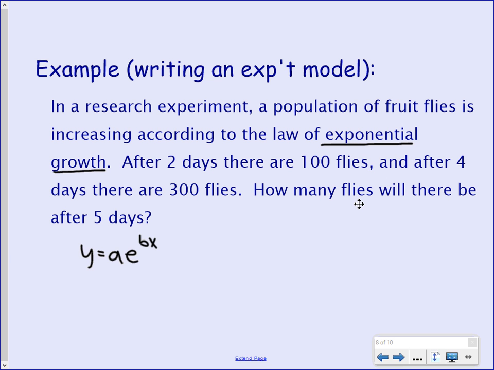I did hear in the groups some discussion about whether 100 is the initial amount, and we would all say no, because it's 2 days after the beginning. So t equals 0 is going to be your initial amount, and we don't know what the initial amount is. So what are these things they're giving me? 2 days, 100 flies, 4 days, 300 flies. If it's not the initial amount, what are they providing me with in my equation?